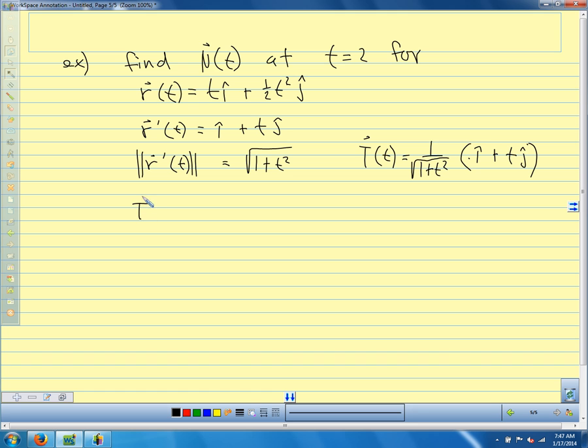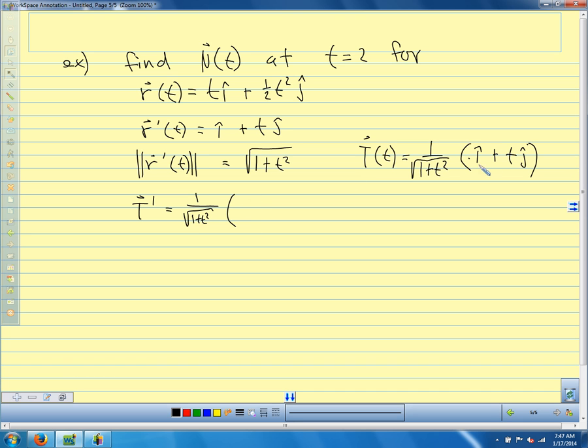I'm going to leave this 1 over square root of 1 plus t squared out front of the vector, and I'm going to use the product rule to do my derivative. So t prime is going to be 1 over the square root of 1 plus t squared.